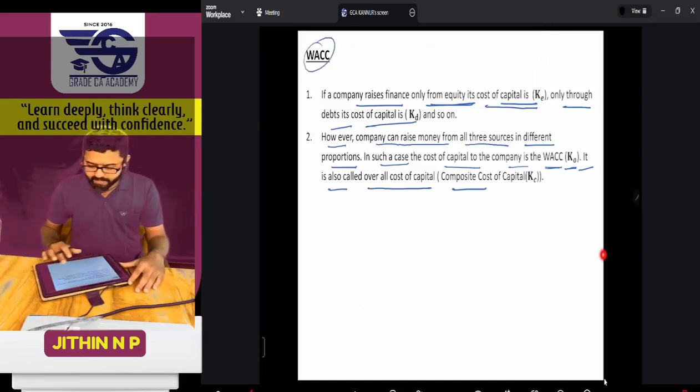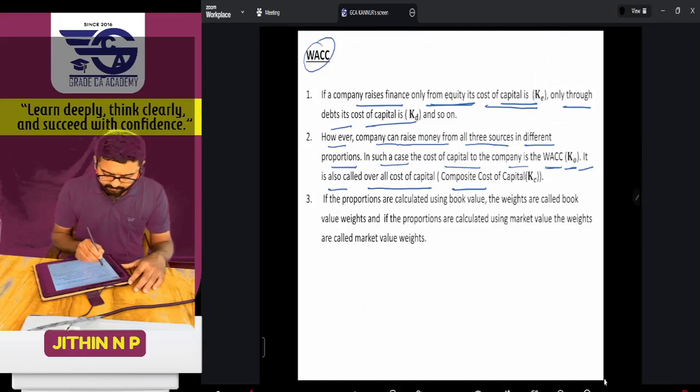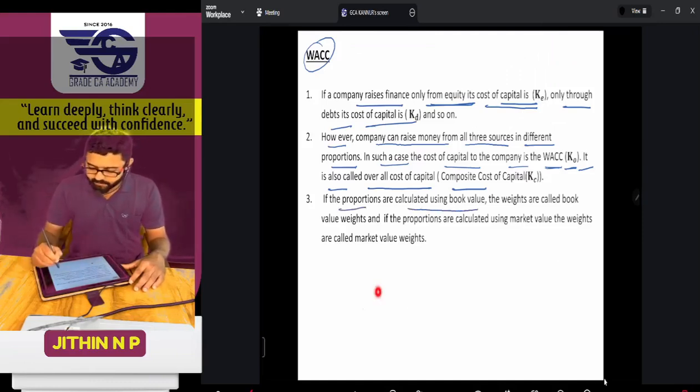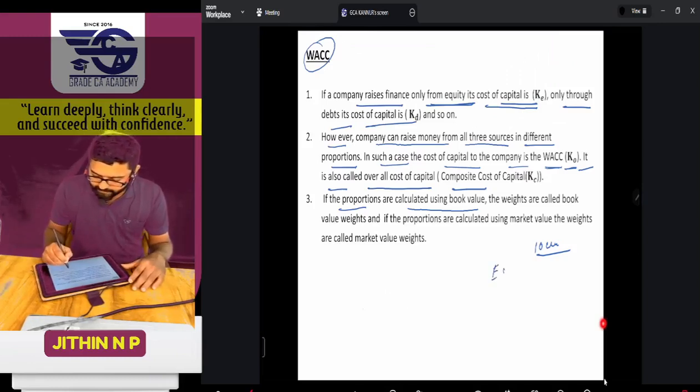Weighted average cost of capital, if the proportions are calculated using book value. Suppose 10 crore capital we raised: equity share capital 5 crore, preference share capital 2 crore, and debt fund 3 crore.